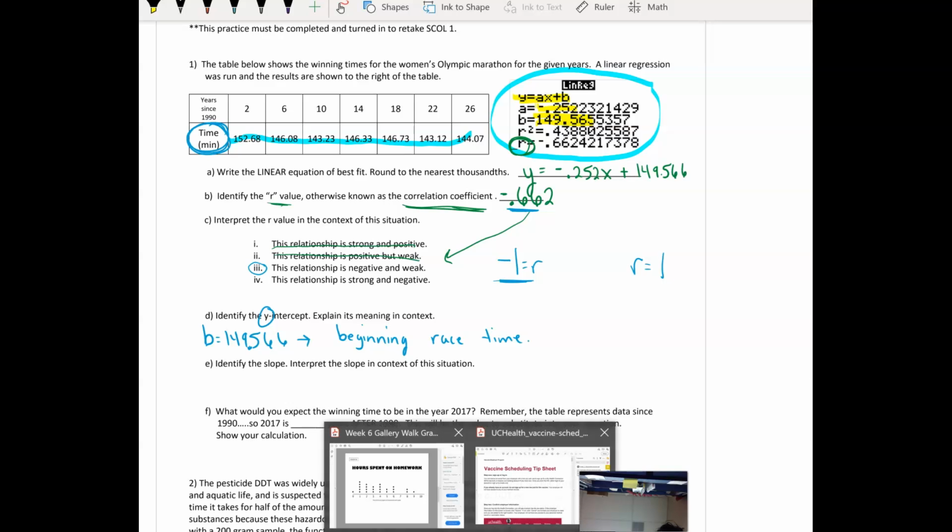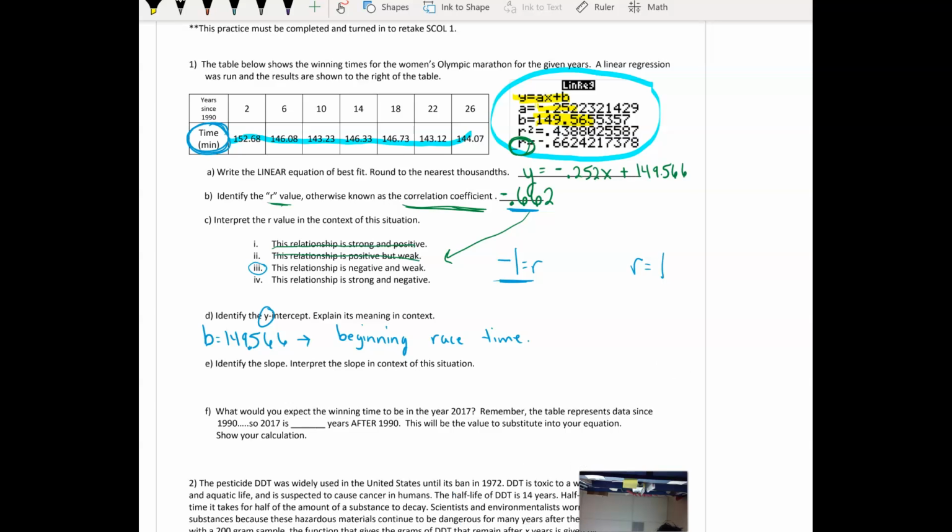Okay? Now we're going to identify the slope. And in this one, normally it's m, and m is married to x, but this time it's going to be an a. So that a value, this negative 0.252, is going to be my slope. And remember, slope is another word for average rate of change. So what we're looking at is, if you go to the top, remember what's changing is our race time, and our race time is going down.